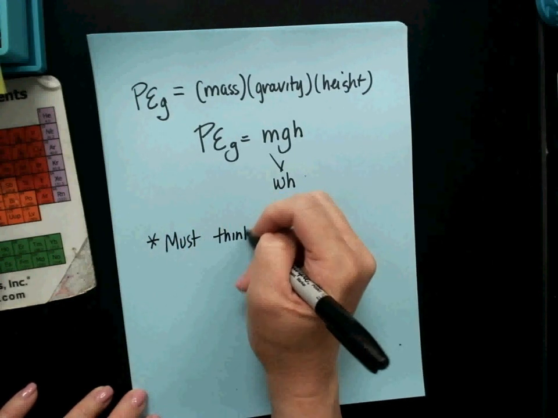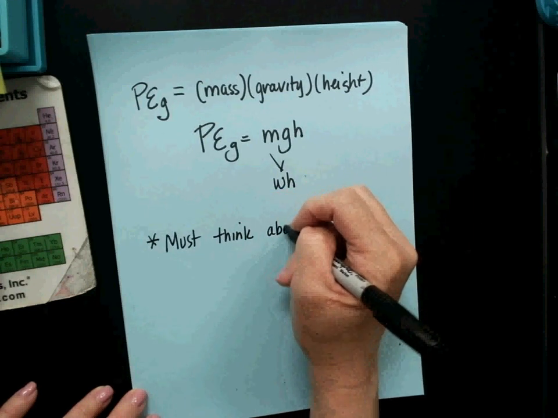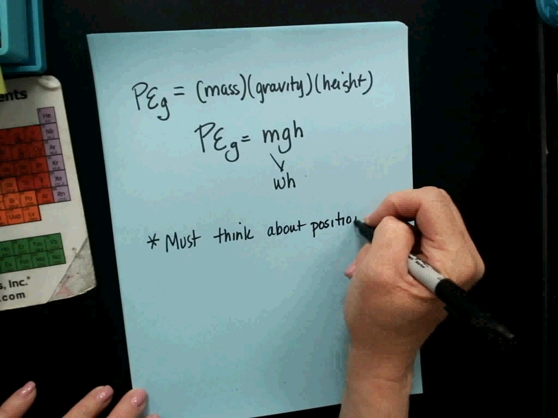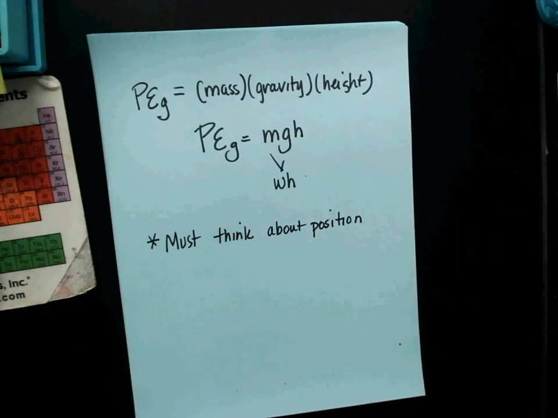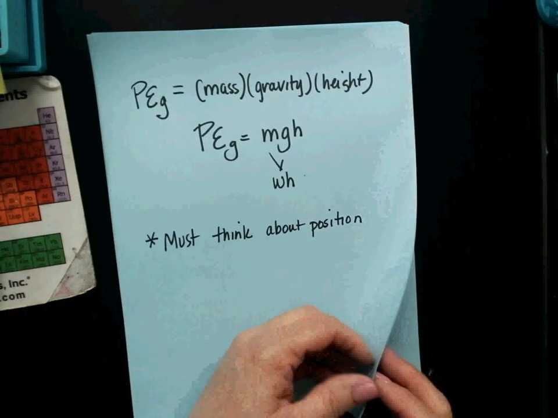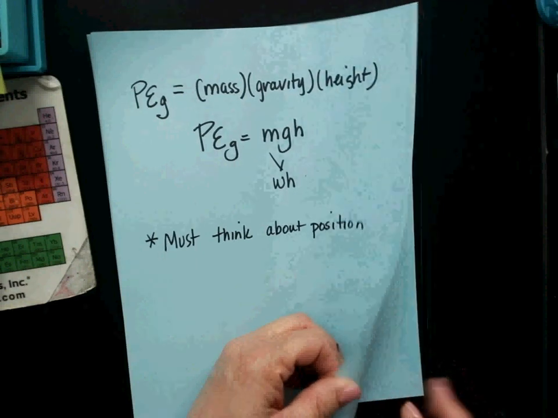And you really have to think about these. You really have to think about the position of the object in reference to wherever your zero level is. So, turn around and look at the cabinets back there.